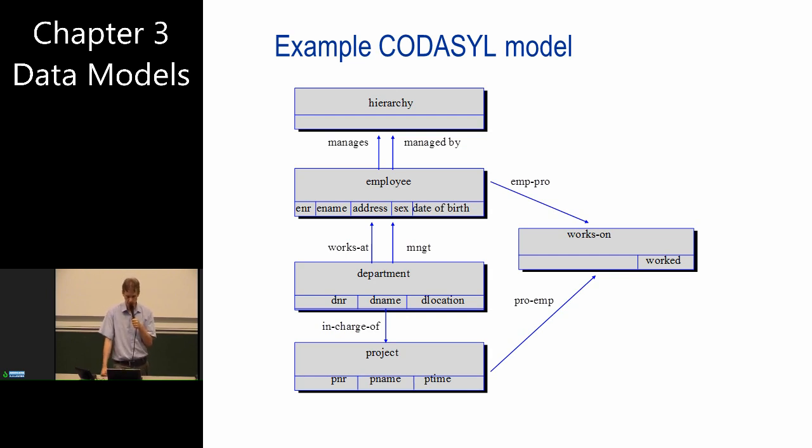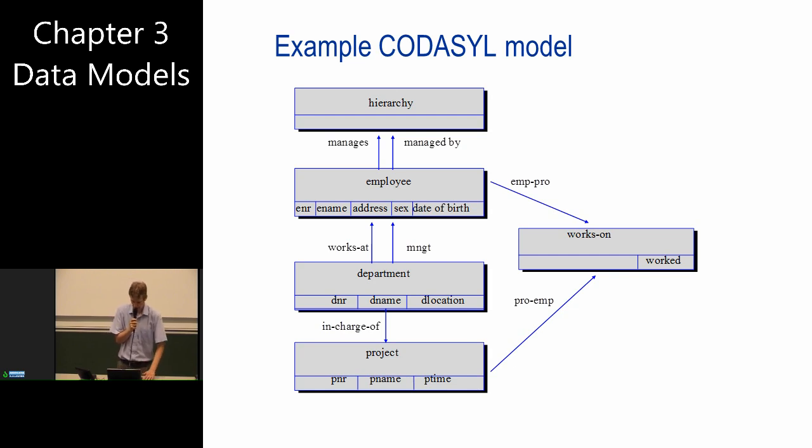Who is managing who? So here you can see one set type, the first one to the right, which is going to indicate what employee an employee is managed by. The other set type to the left is going to indicate which employees a particular employee manages. But you see those dummy record types are again not very nice record types, because these are record types that we need to introduce in order to address some of the limitations or shortcomings of the model.